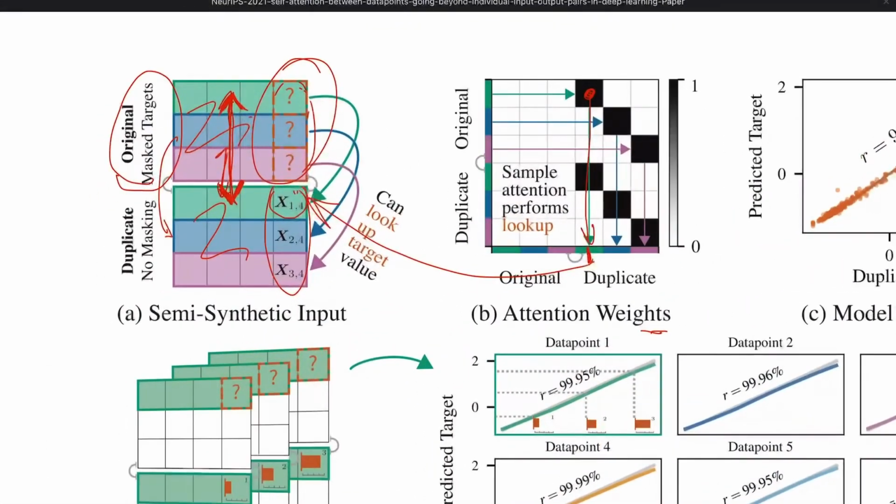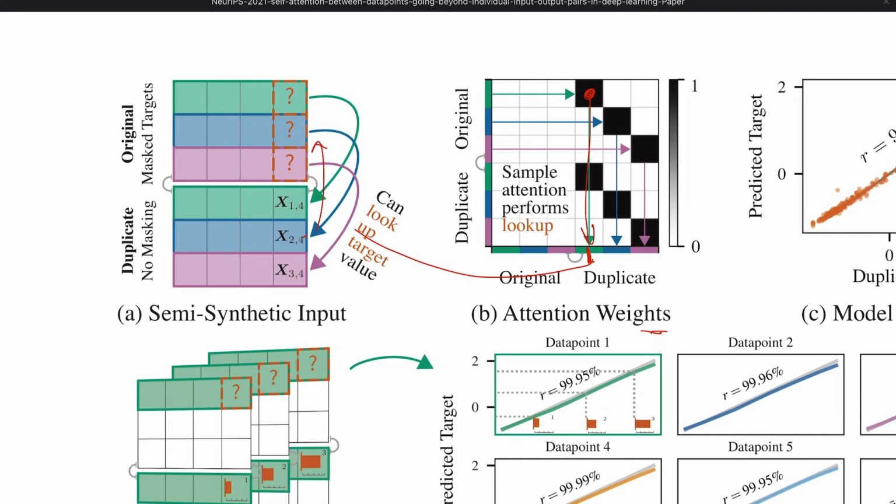And it makes sense, because in this experiment, it was learning a lookup table. With a lookup table, you are essentially looking for the closest input that's similar to my test point, and you copy that one.